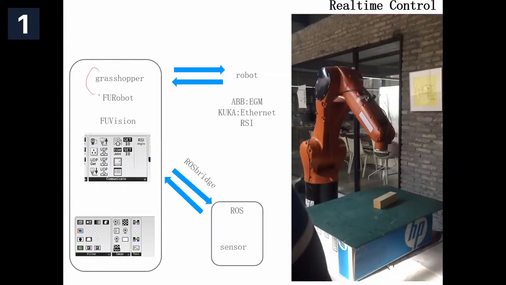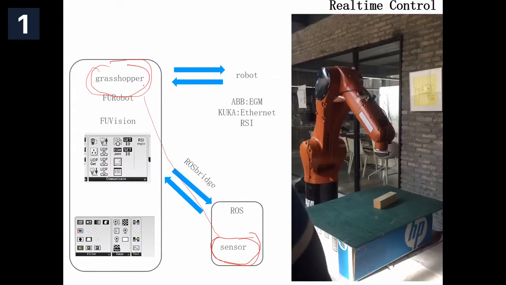First, in Grasshopper, we read the sensor. The sensor in this example is the camera.